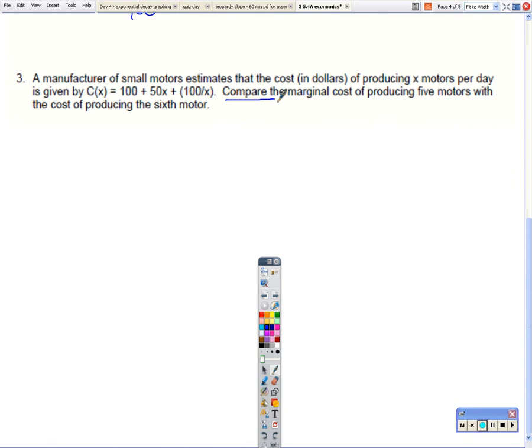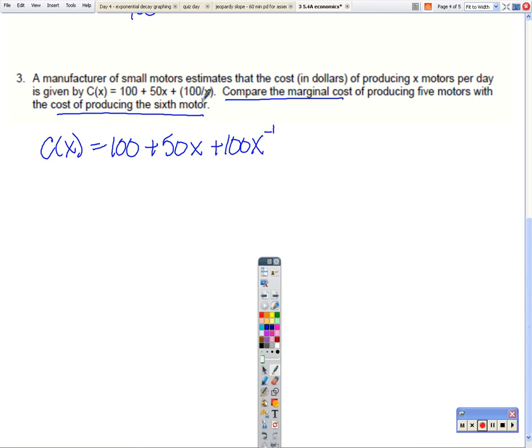So compare the marginal cost with the cost of producing the 6th motor. So first I'm going to find the marginal cost. I'm going to rewrite my cost equation so that it's easier to find the derivative. So since this is divided by x, I'm going to make it an x to the negative 1.